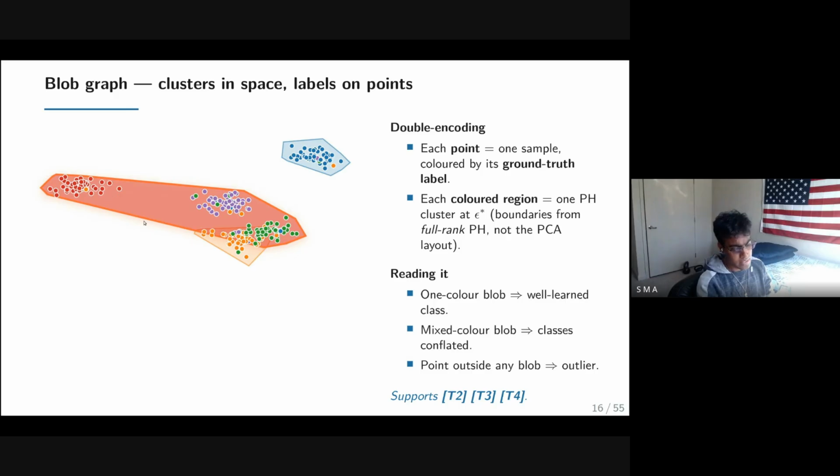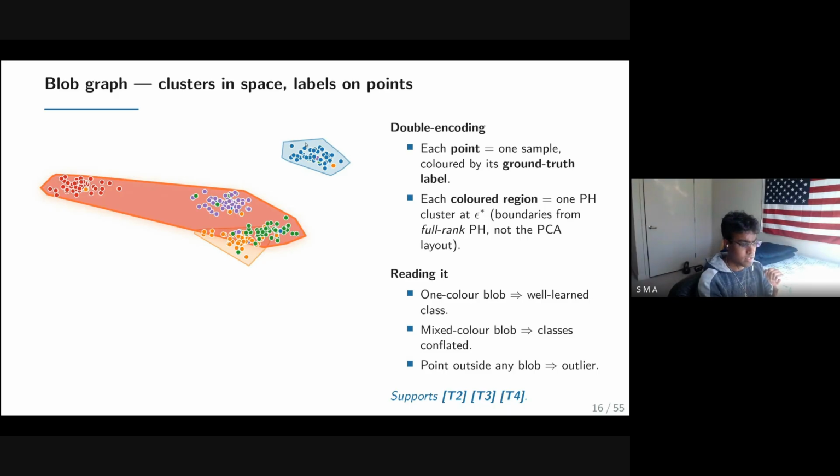And the blob is the cluster that is being formed in the latent representation. You can see that certain clusters have outliers in them, and certain clusters are not homogeneous. They're a mixture of two classes.